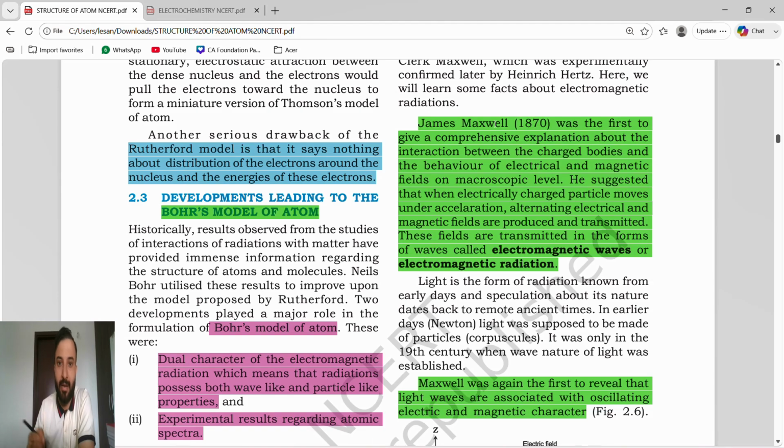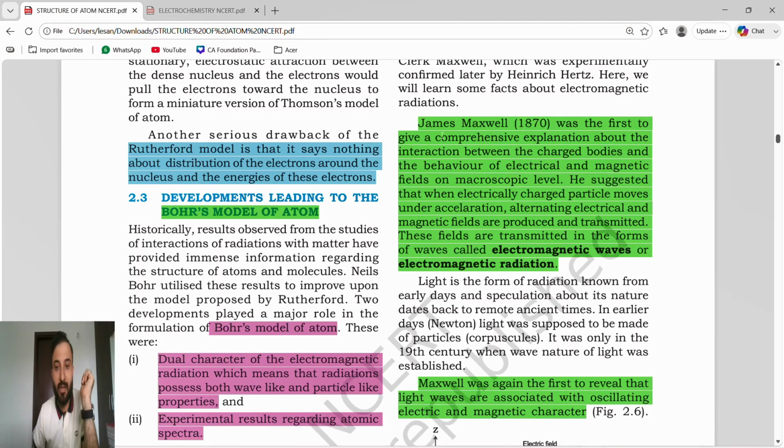James Maxwell was the first to give a comprehensive explanation about the interaction between charged bodies and the behavior of electrical and magnetic field on a microscopic level. Maxwell was the first scientist to give this comprehensive explanation.